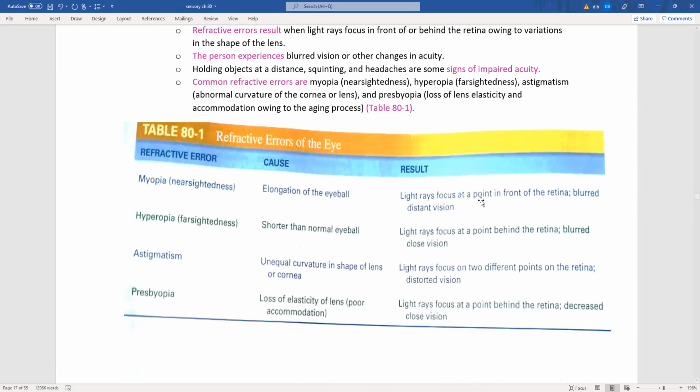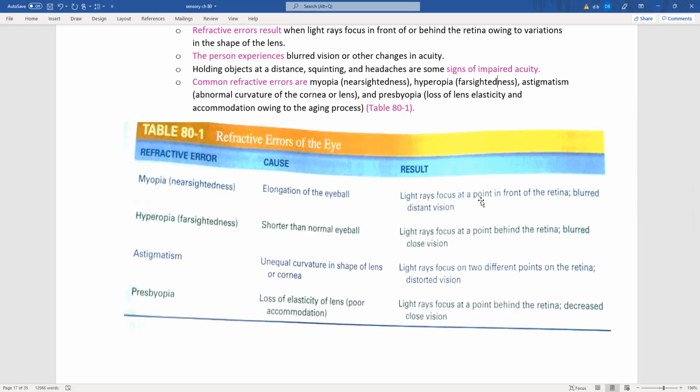In hyperopia, read this very slowly so you can remember it. In hyperopia, you have shorter than normal eyeballs, and the result is the light rays focus at a point behind the retina, blurred close vision. Then you have astigmatism. The cause of astigmatism is unequal curvature in shape of the lens or cornea.